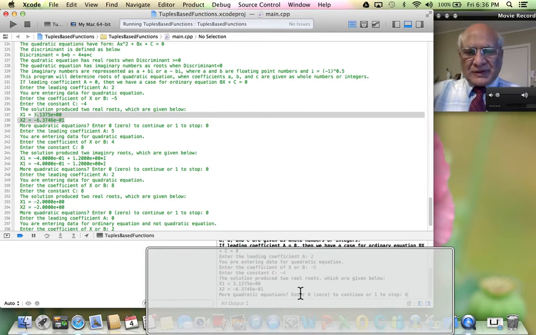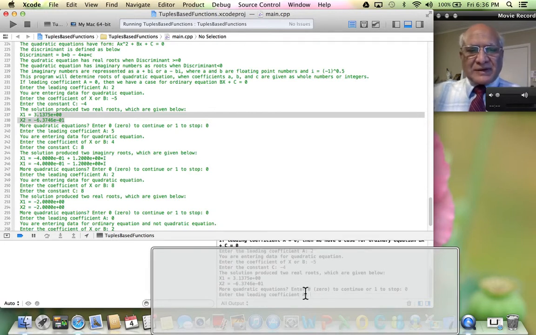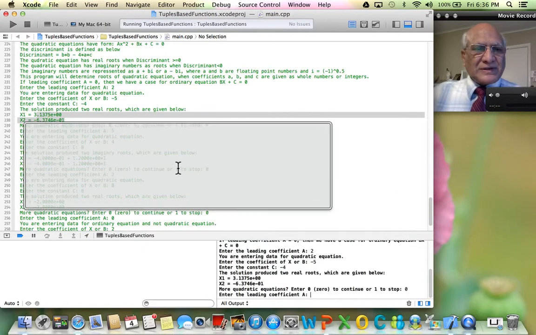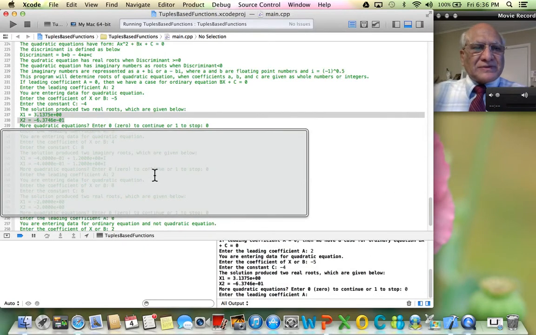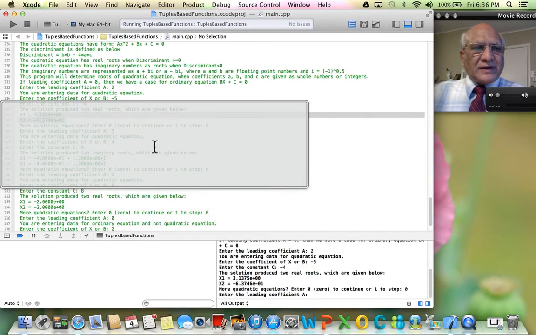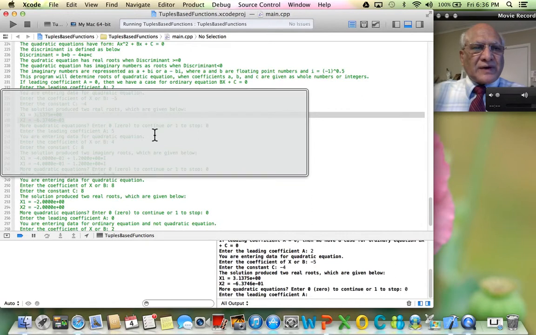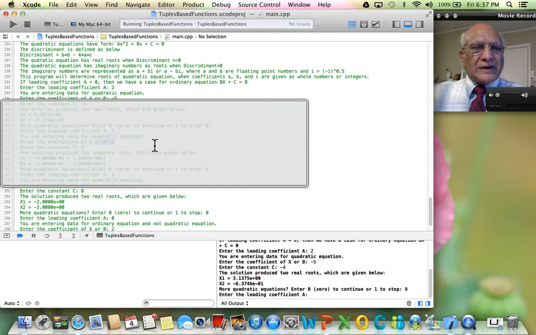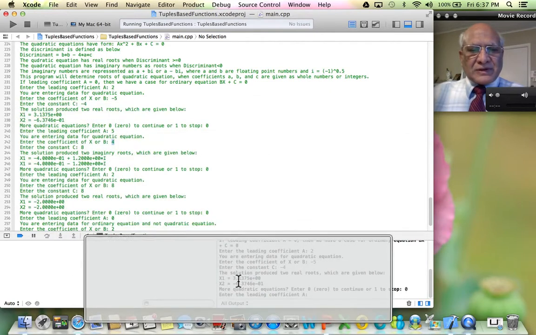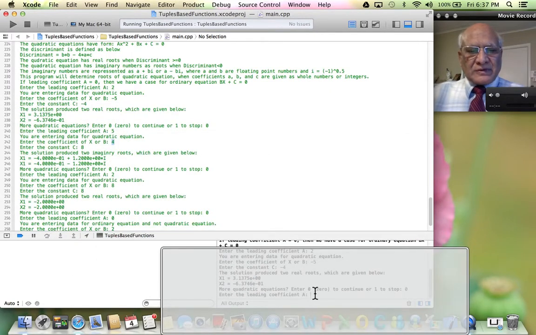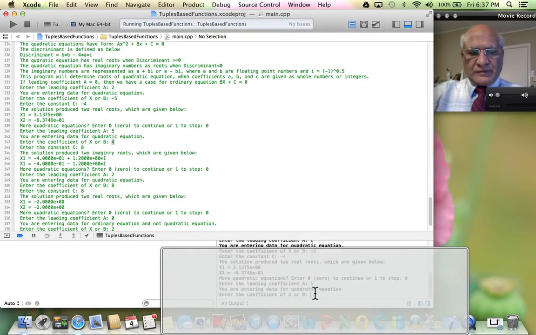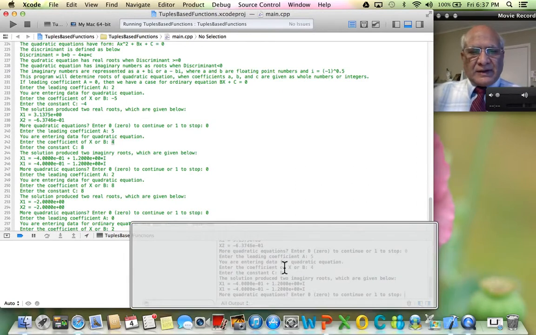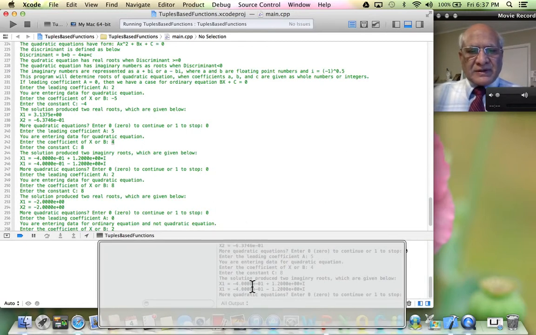So if I want to do another one, I enter 0, and it'll ask me again for coefficients A, B, and C. And this time I want to do the imaginary case. For the imaginary case, I've entered 5 for A, 4 for B, and 8 for C. So I'll enter those values, 5, 4, and 8, and I get these numbers.